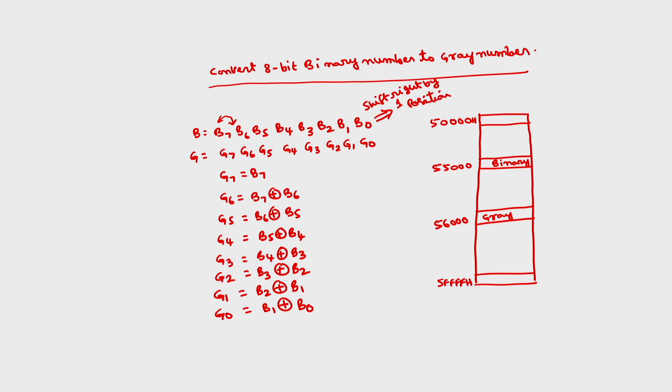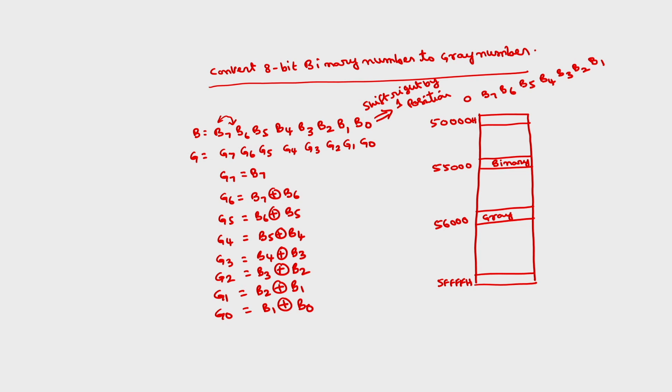There is an instruction where the MSB will be loaded with 0 if I reset the carry flag. So this bit becomes 0 if the carry flag is reset. Then B7, B6, B5, B4, B3, B2, B1. B0 will enter into the carry flag. So this will be the shifted version.